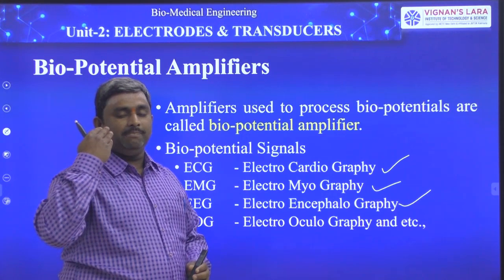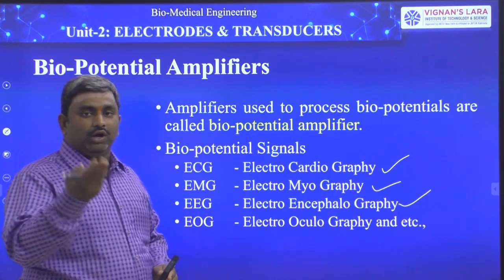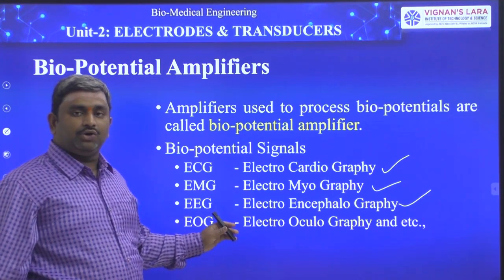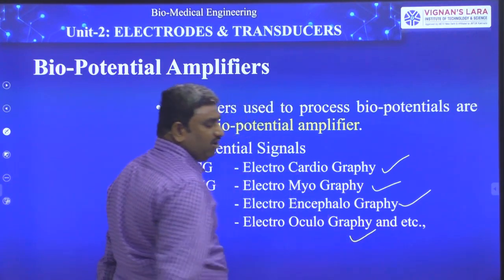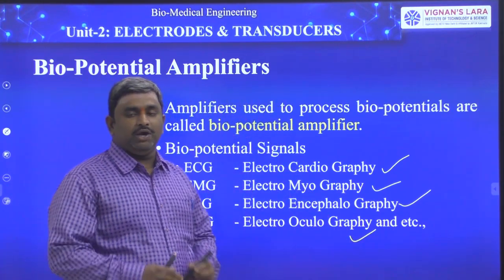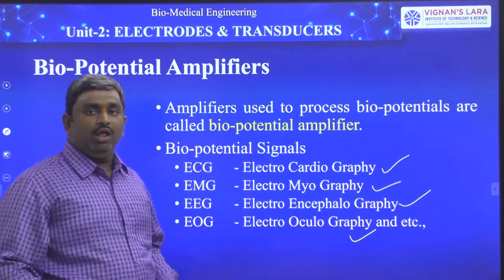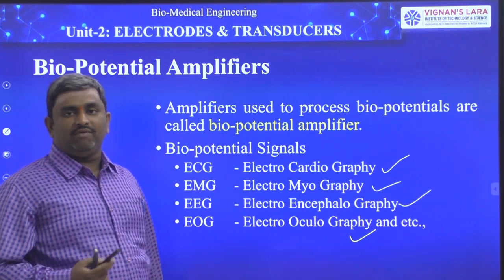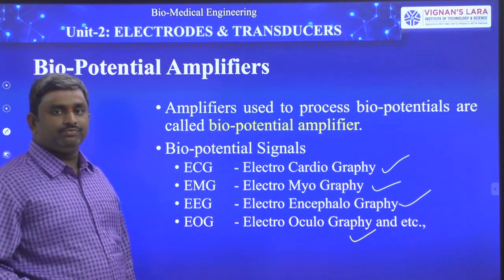Electrooculography deals with the electrical activities involved in the oculogram, that is related to the retina. EOG, and ERG, electroretinogram, is also available. So these are the different types of bioelectric potentials. And not only these four, we still have a lot of bioelectric signals available from our human body. Right. Next, coming to that.